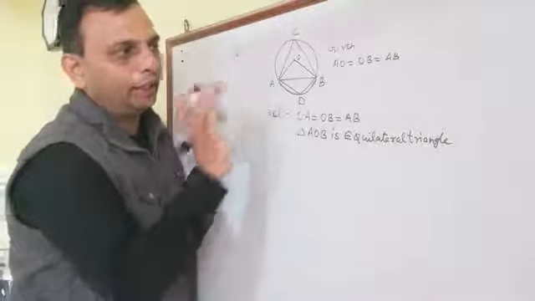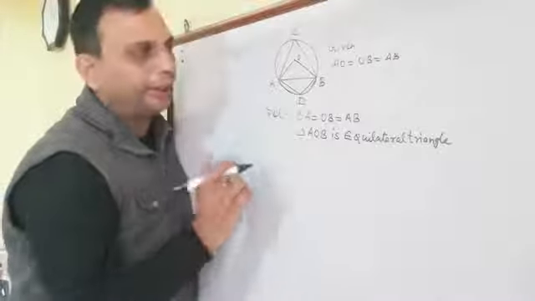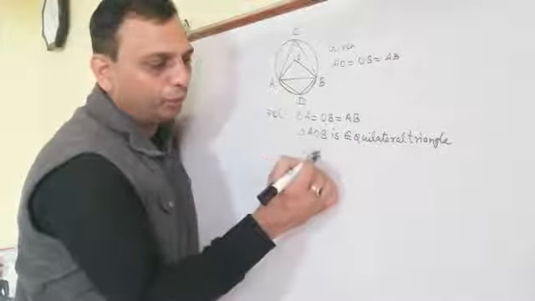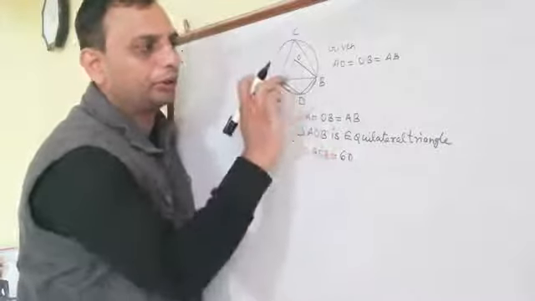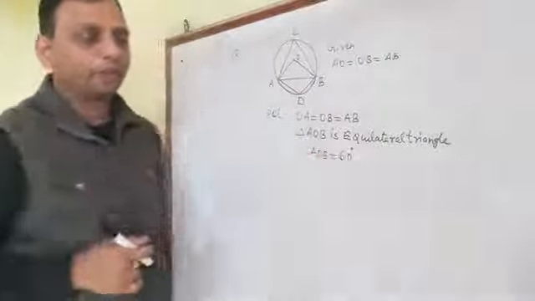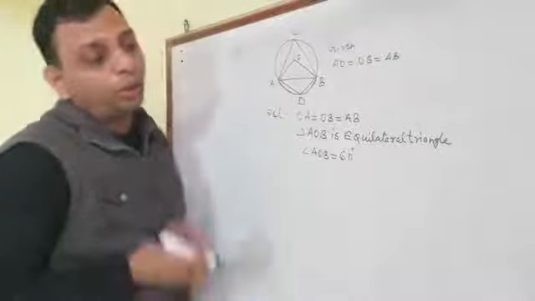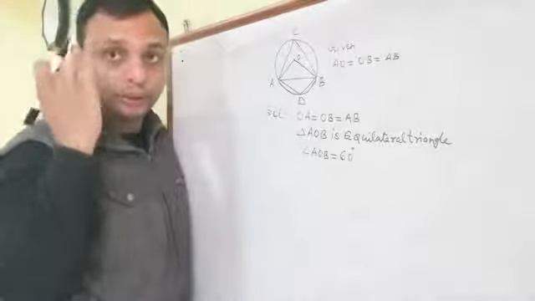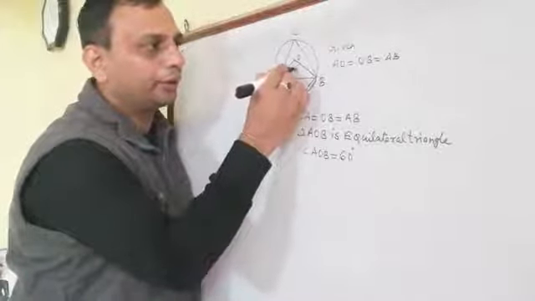Equilateral triangle. And we know that in an equilateral triangle, all angles are how much? 60 degree. So therefore we can write angle AOB is equal to 60. This will also be 60, this will also be 60. So we got AOB equal to 60 degree, because in an equilateral triangle all angles are equal to 60 degree.